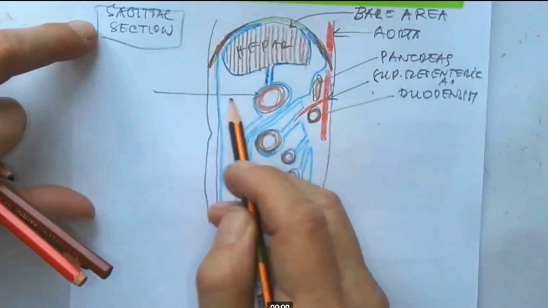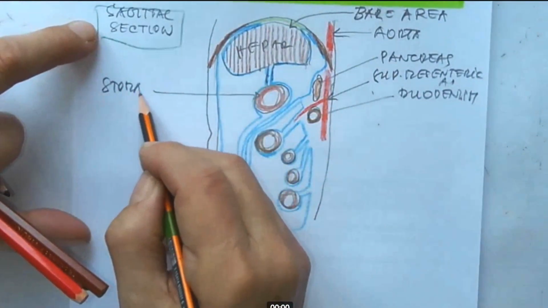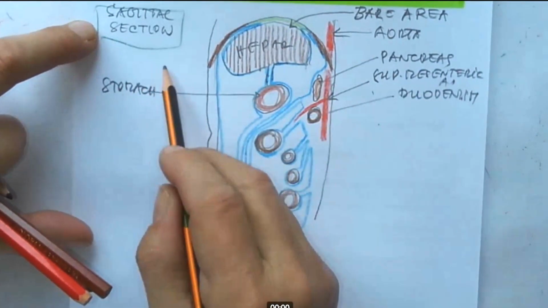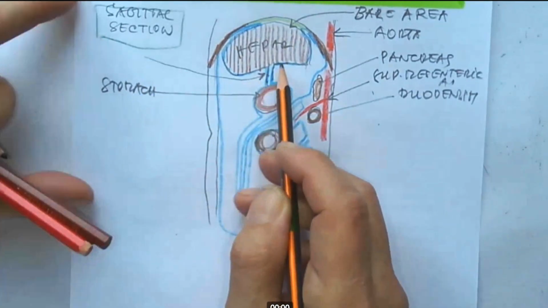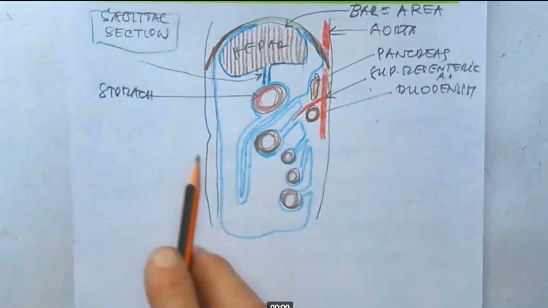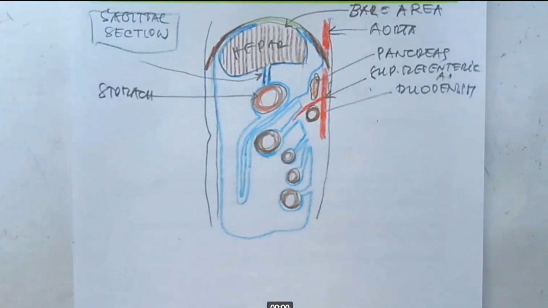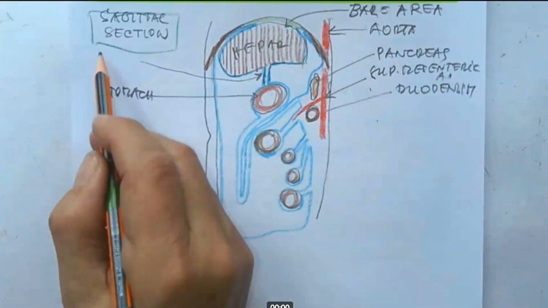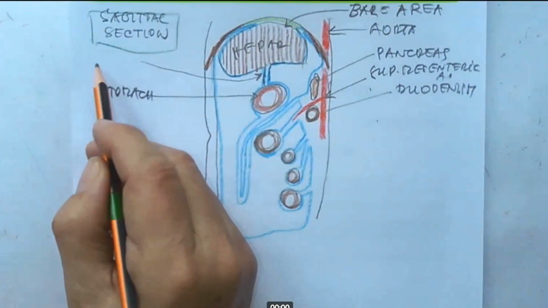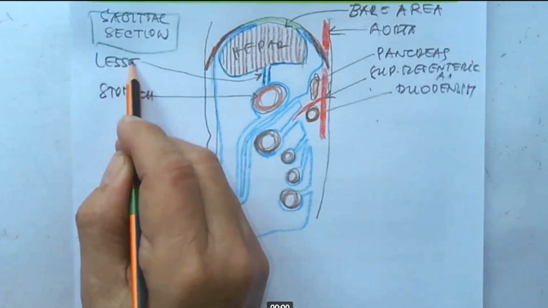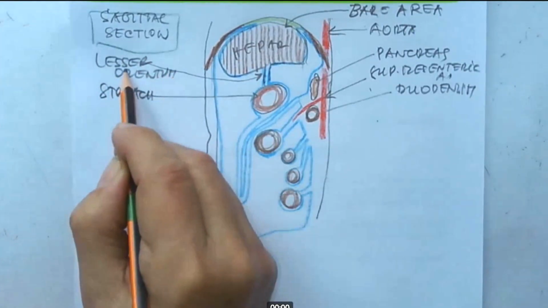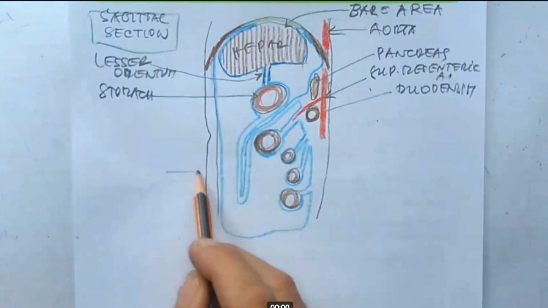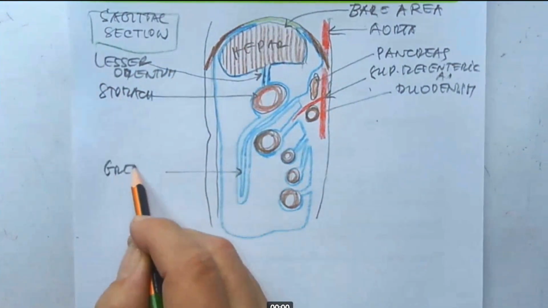Then here we have the stomach, and that duplicature, a double duplicature of peritoneum, because everything in blue is peritoneum, is called the lesser omentum, omentum minus, while that one is the greater omentum.